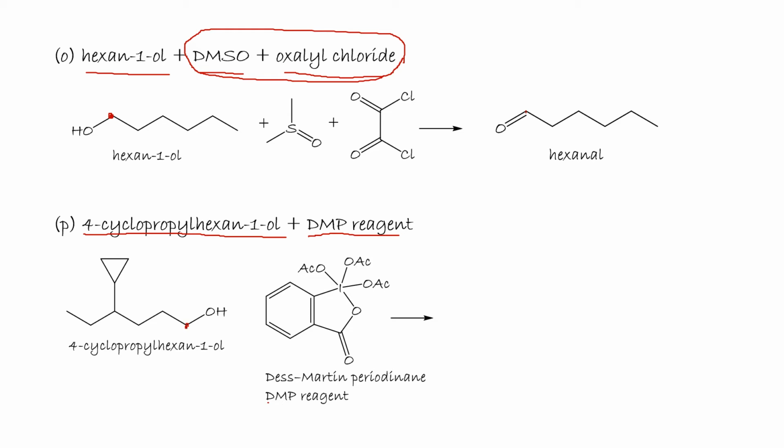Of course, both Swern and Dess-Martin periodinane oxidize secondary alcohols to ketones. In this case, we have a primary alcohol, and it will be oxidized to an aldehyde and stop, and the product will be 4-cyclopropylhexanal.